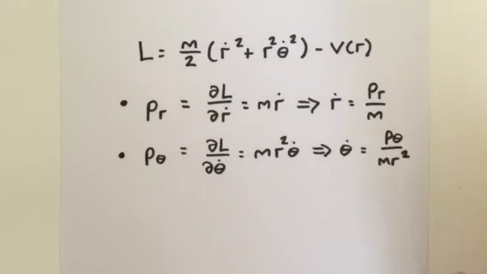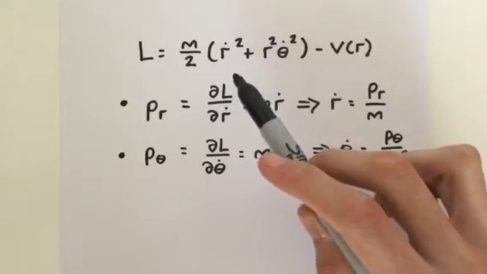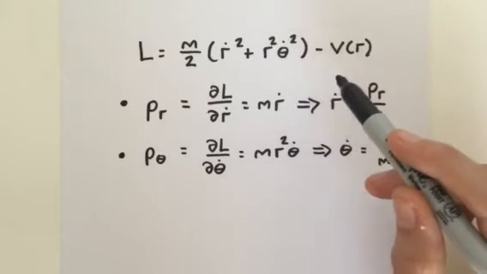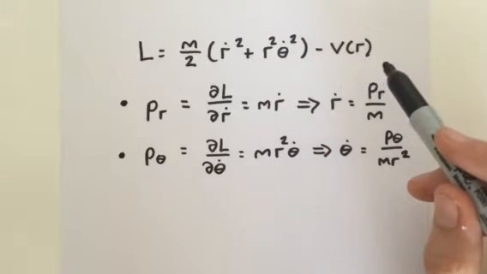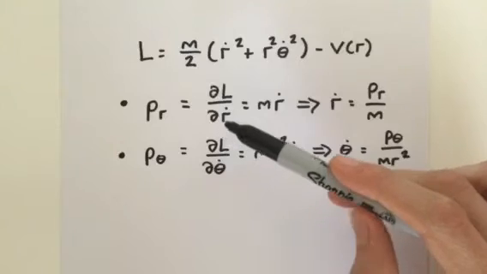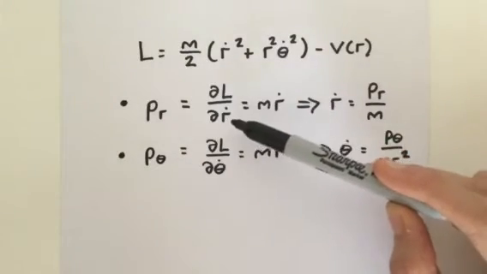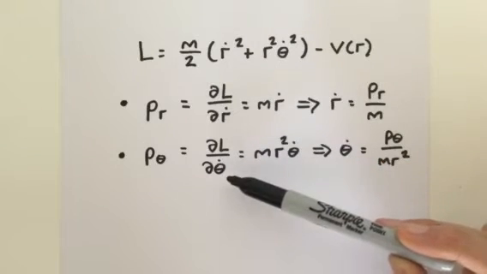So, consider a 2D central force setup described by the Lagrangian L = m/2 (ṙ² + r²θ̇²) − V(r). We've got two conjugate momenta here, for r and θ: ∂L/∂ṙ and ∂L/∂θ̇.